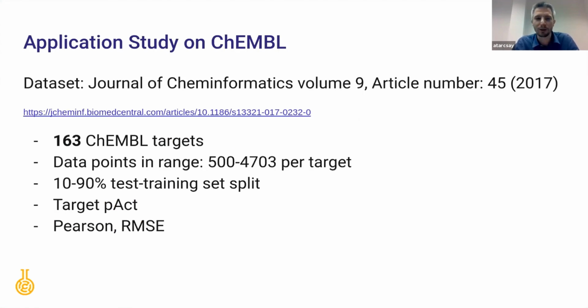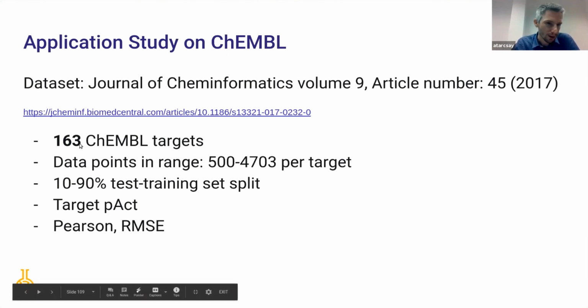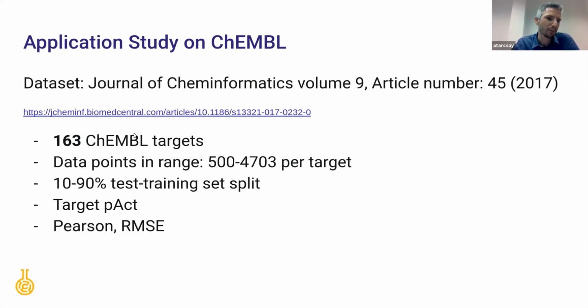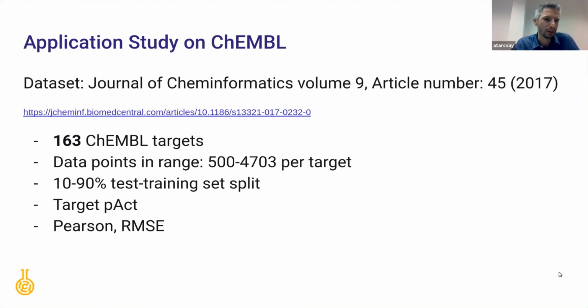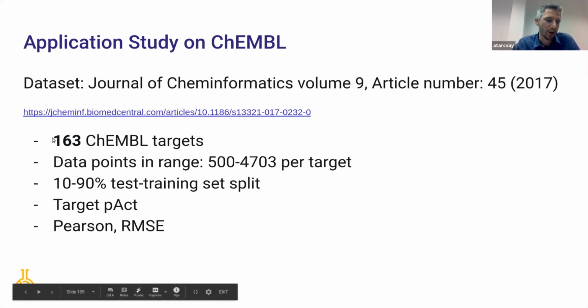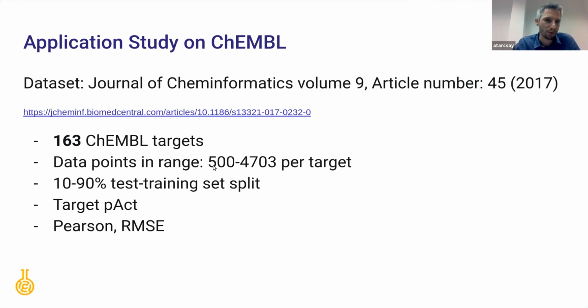And we used this model in an application study on 168 ChEMBL targets. ChEMBL is the bioactivity database publicly available, the largest. It has 1.8 million structures, 15 million data points, and we fetched 164 ChEMBL targets with from 500 to approximately 5,000 data points per target.